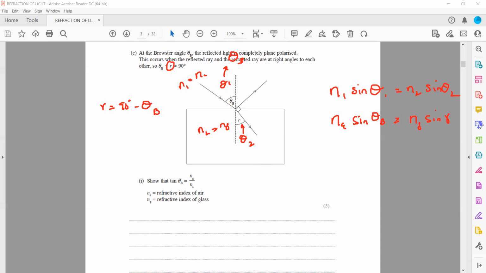So when we simplify this, in place of r, I can write 90 minus theta b. So the refractive index of air times sine theta b equals the refractive index of glass times sine of r, which is 90 minus theta b. And what is sine of 90 minus theta?